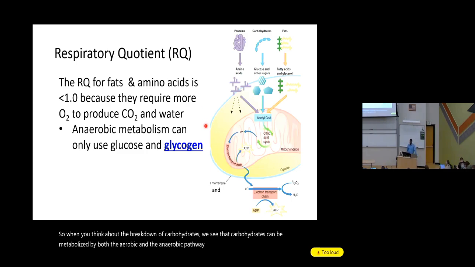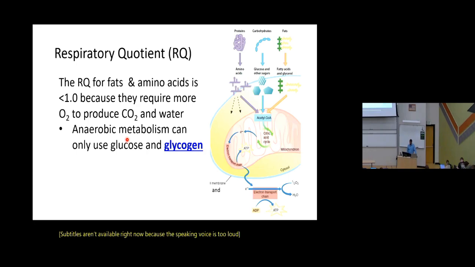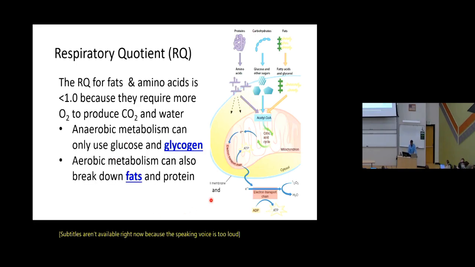And whenever carbohydrates are broken down through the anaerobic metabolic pathway, it's going to use less oxygen, right? And if it uses less oxygen, then the denominator is going to be smaller, and that's why the RQ value gets bigger, right? Whereas when you think about proteins and fats, they're mainly going to be broken down through the aerobic pathway, right? Meaning that the denominator is going to get larger.